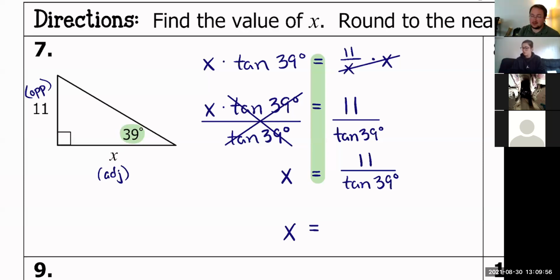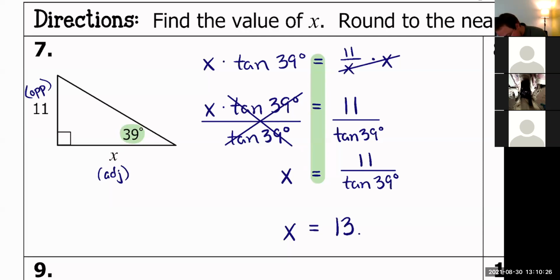That's what I have. I want to make sure you get there as well. So type in 11, divide by tangent, not inverse tangent, just regular old tangent, 39. Close that parenthesis, so use the right parenthesis. Okay, 13.5. I think it rounds up to 13.6.